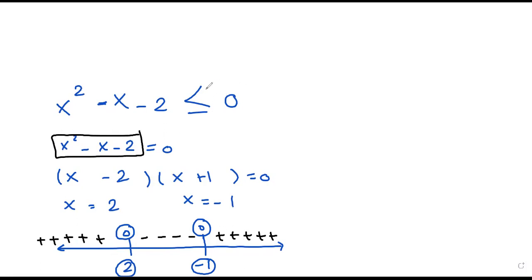After that, go back to the inequality and check what signs I need. I need less than or equal to 0. So I need the negative and I need zeros. So we will take all values that satisfy the inequality. So we will take 2 because I need 0 in the solution set.